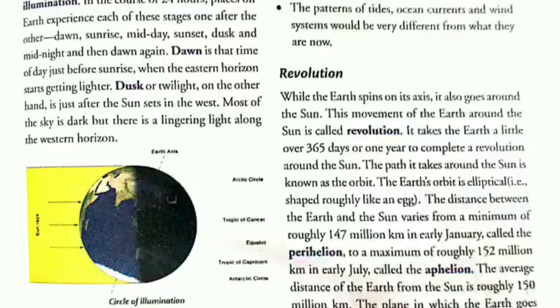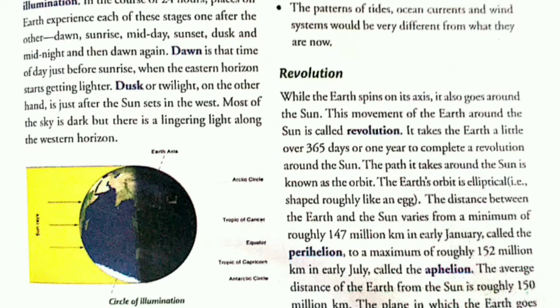So children, let us now understand what is the circle of illumination. The line that separates the lighted half of the earth from the darker half is known as the line of illumination, and this circle is known as the circle of illumination.